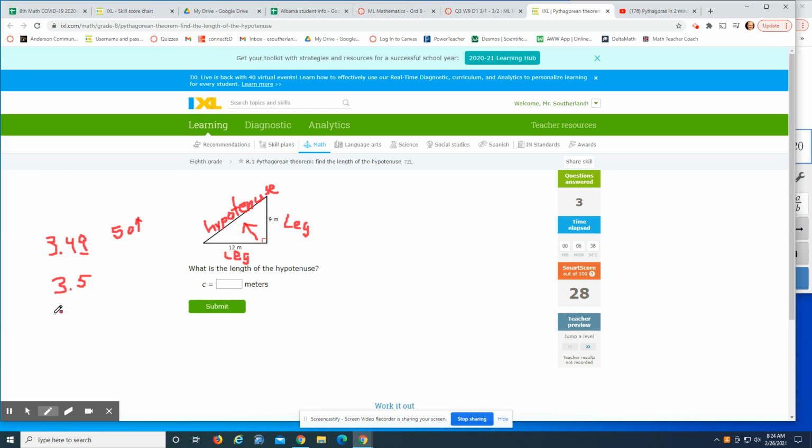However, if it's below 5, so if it was 3.44, we round down. We look at this number here, and it would be 3.4. Again, if you have questions, feel free to email me.